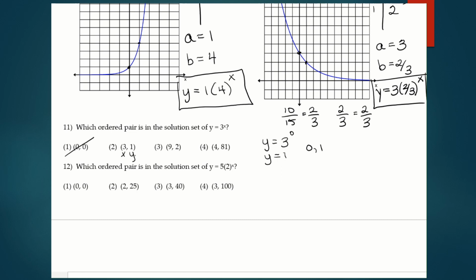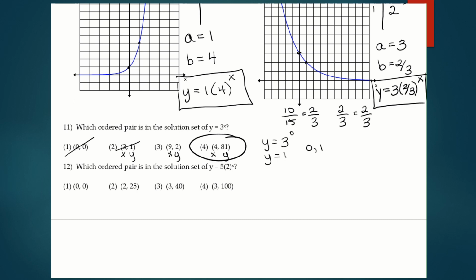Nope. Okay. So again, you can go ahead and plug these in by hand, or you can look at your table of values in your calculator. And it looks like the only one that is actually on that table of values is number 4. 3 to the 4th power gives us 81.